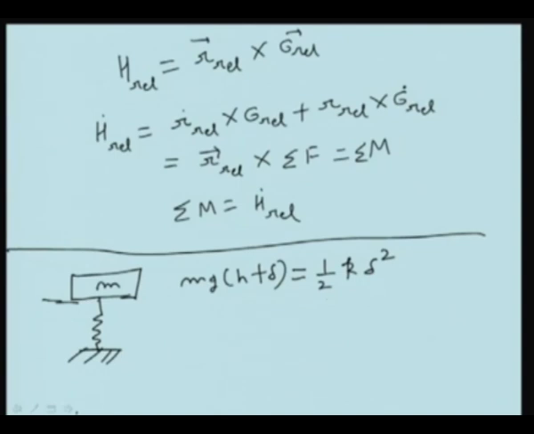Now this gives a quadratic equation which can be solved to find delta if the particle is dropped from a height h. But in case h is equal to 0, then this becomes mg delta.